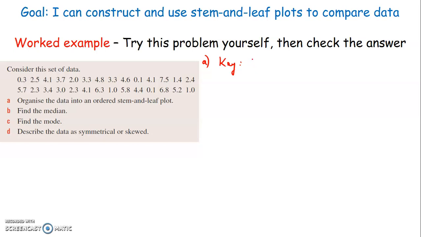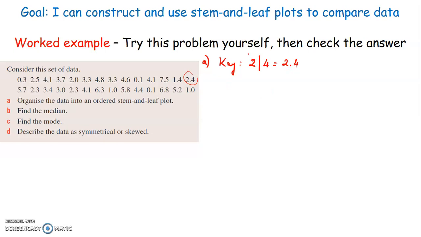I'm just going to pick a random number here, this one, 2.4. So I'm going to write 2/4, and this is going to be 2.4. The slash here just takes the place of the decimal point.